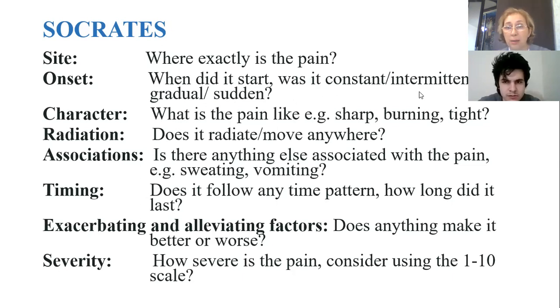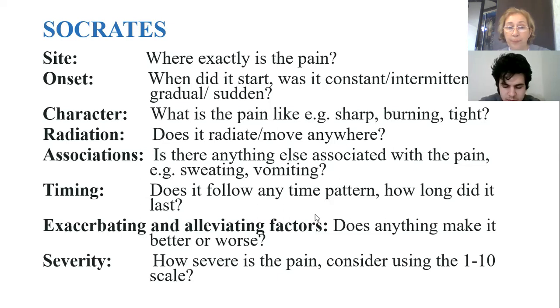Was it constant, intermittent, gradual, sudden? About character: what is the pain like, sharp, burning, tight? About radiation. Then associations: is there anything else associated with the pain, for example, sweating, vomiting? These are other conditions that go together with the pain.